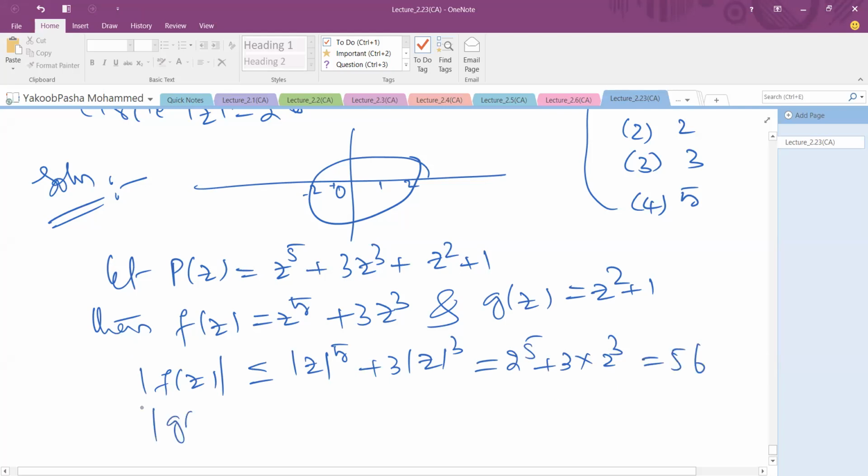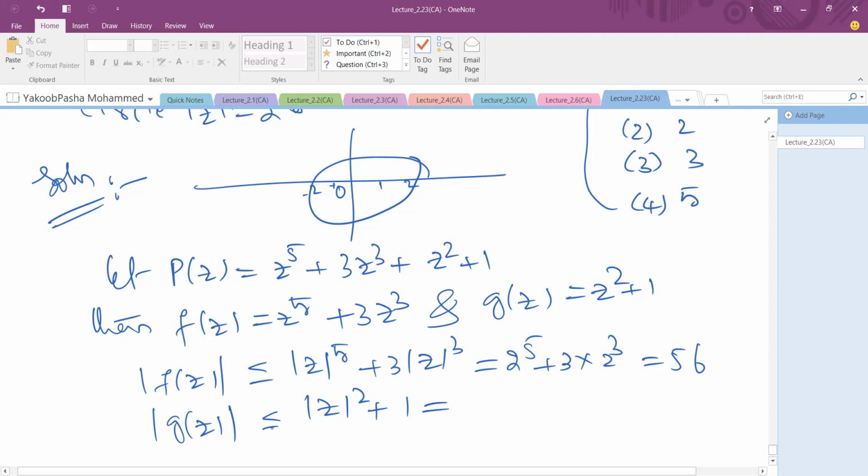And the modulus of g of z is less than or equal to modulus of z whole square plus 1, since modulus of z1 plus z2 is less than or equal to mod z1 plus mod z2. I am using the triangle inequality. So 2 square plus 1 is equal to 5. So clearly we can observe modulus of f of z is always greater than modulus of g of z.